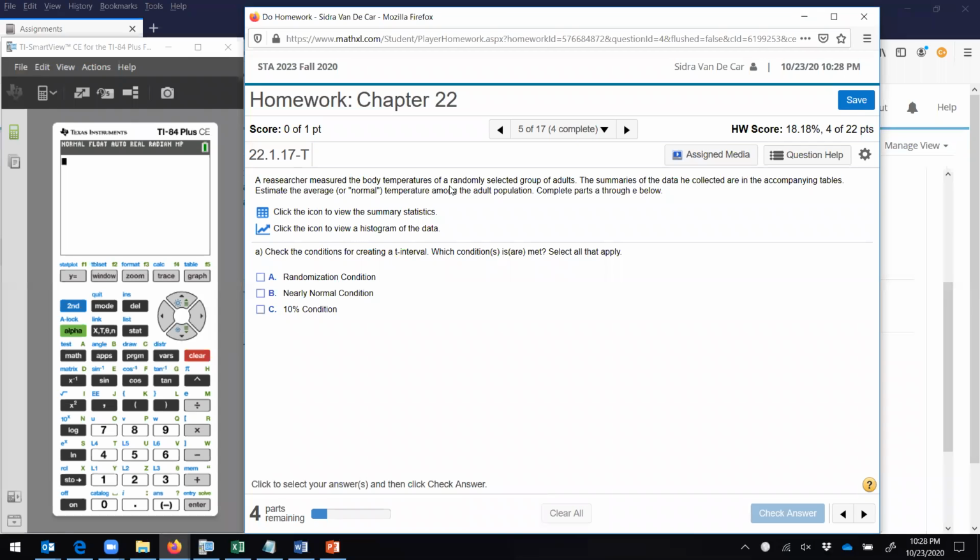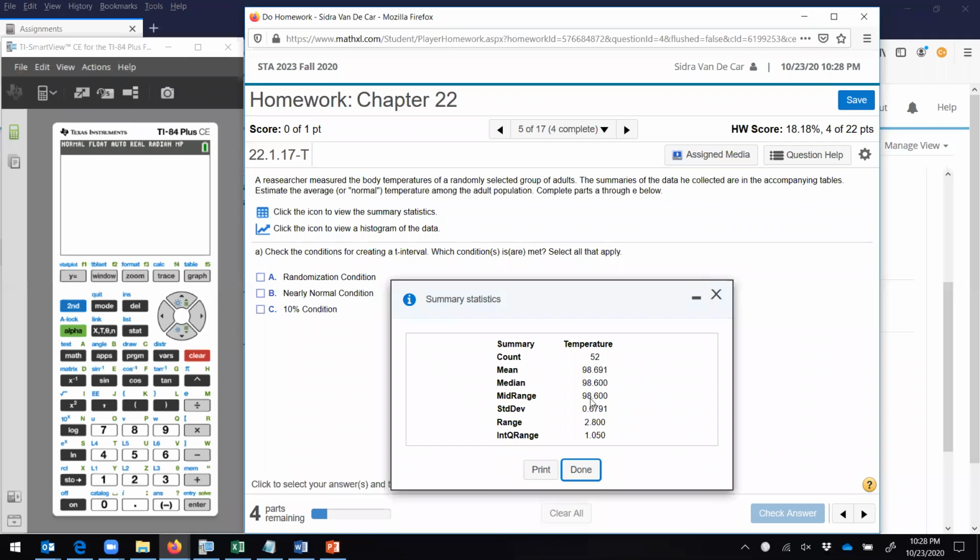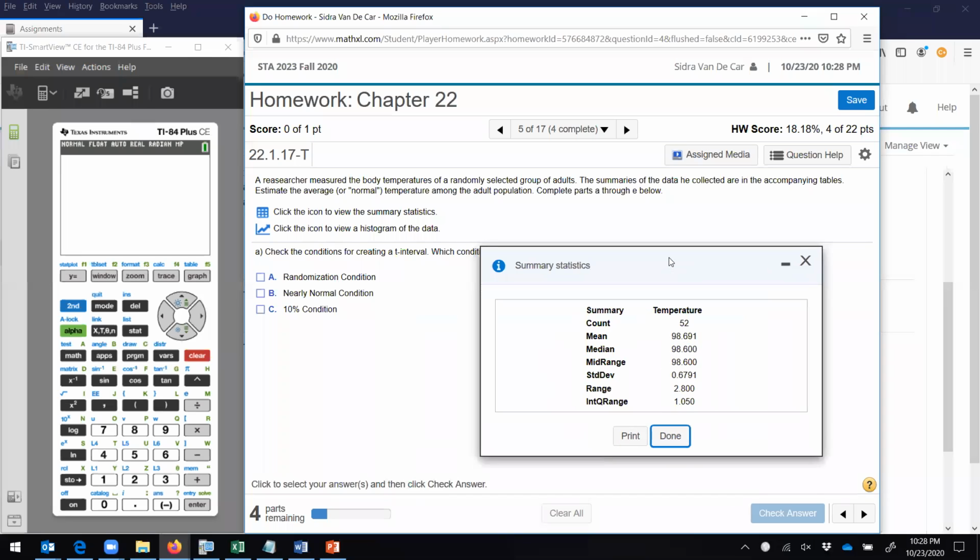A researcher measured the body temperatures of a randomly selected group of adults. The summary of the data collected are in the accompanying tables. Estimate the average or normal temperature among the adult population. Okay, so here are summary statistics right here. Okay.